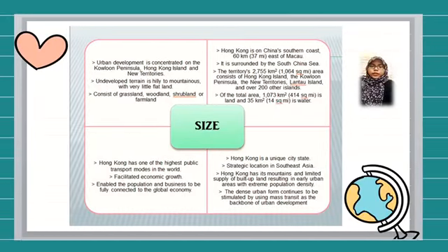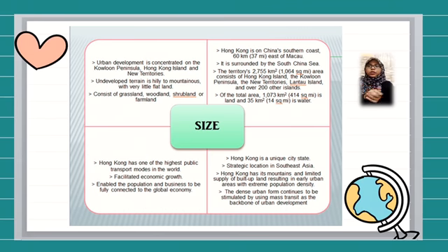Next, I will explain the size of the development project in Hong Kong. Hong Kong is a unique city, which in our case study of Building Information Modeling (BIM) has a location strategy in Southern Asia. And then the size of the Hong Kong development.